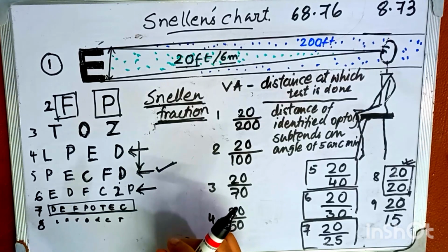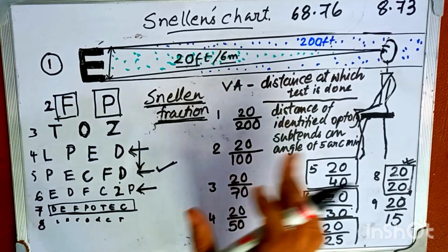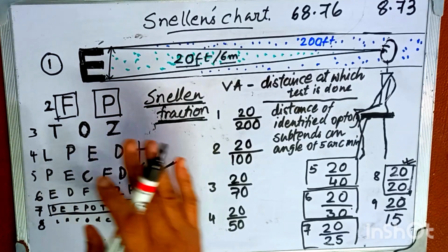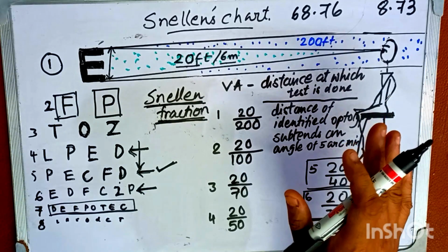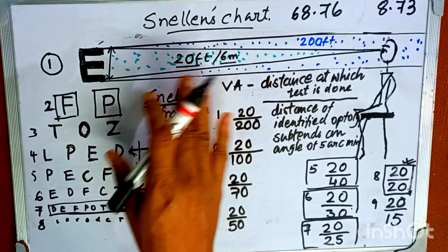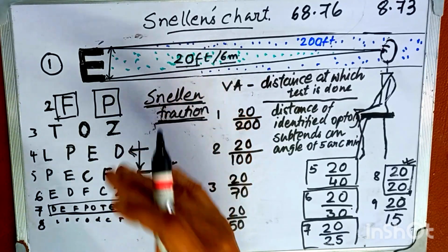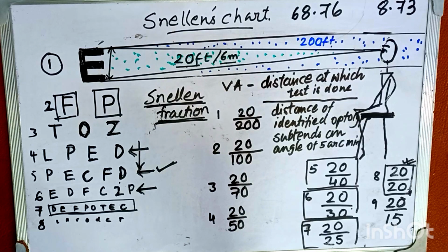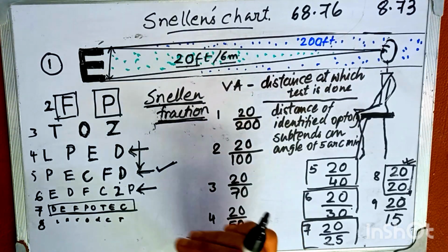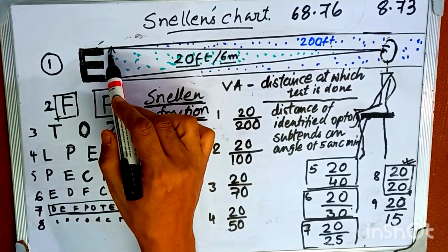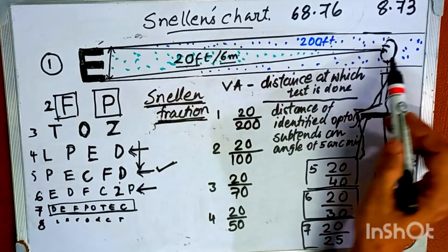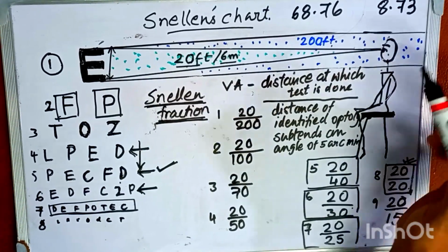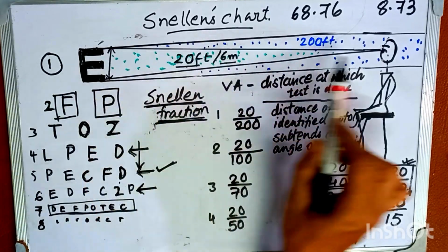Say somebody reads these letters from a particular distance. I fix this distance, for example, at 6 meters from the eye. The subject is sitting here, and the letters are read at a 6 meter distance.